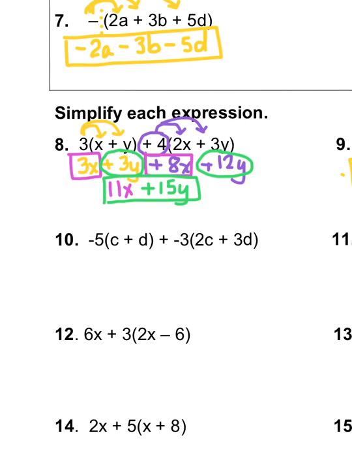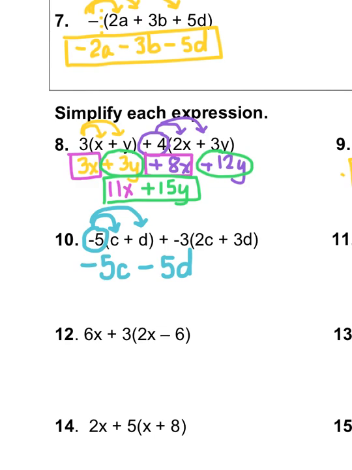Looking at number 10, it's the same procedure but with negatives. Notice what we're distributing, a -5. So we'll distribute that -5 to each term because we're multiplying. -5 times c is -5c. -5 times d, we'll say that it's -5d.